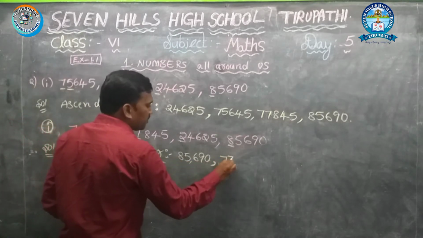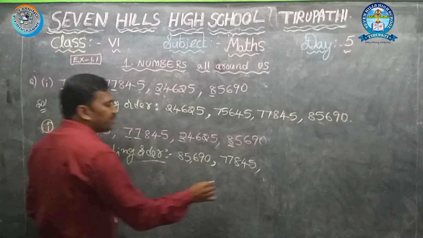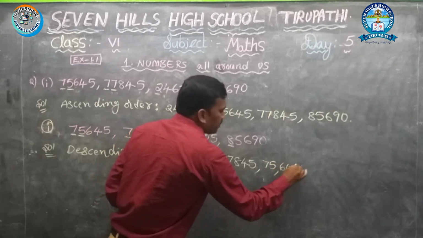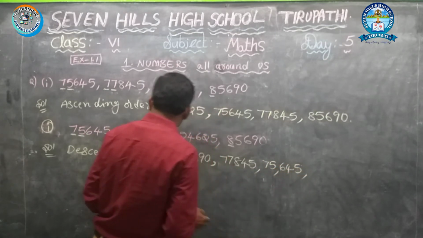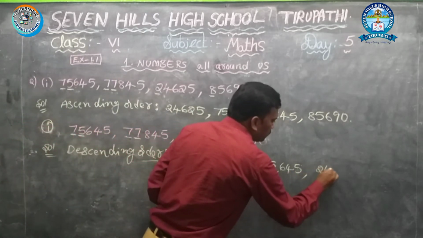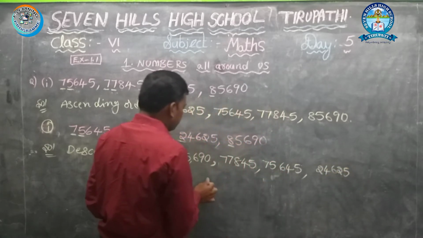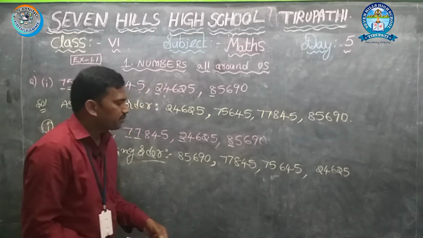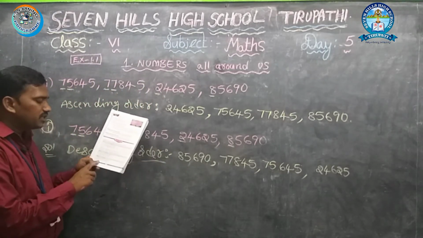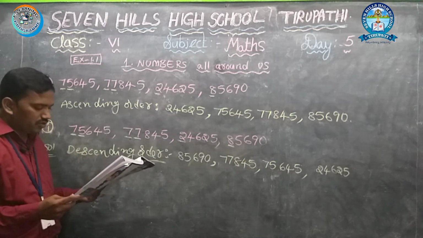So 77,845, after that 75,645, after that 24,625. So this is the descending order for the given question. The second one you try at home on your own.